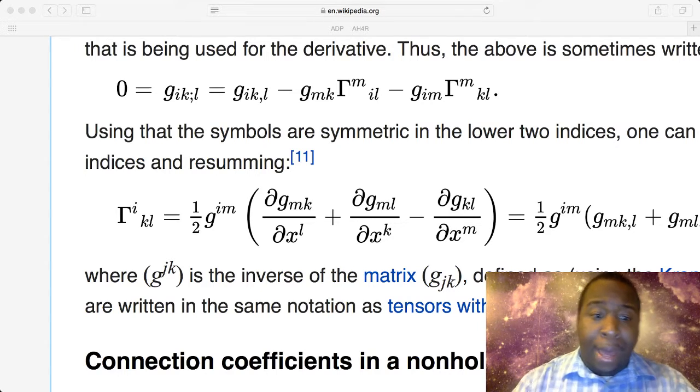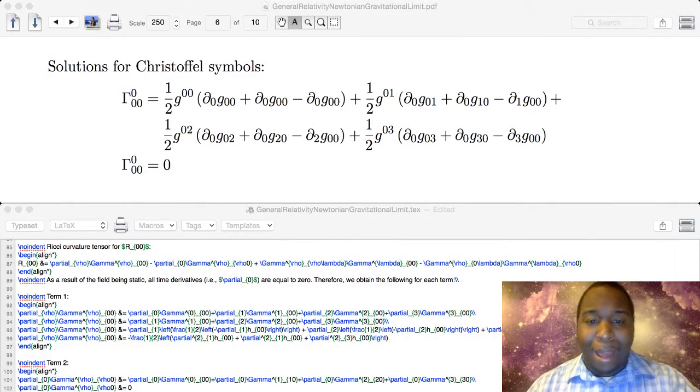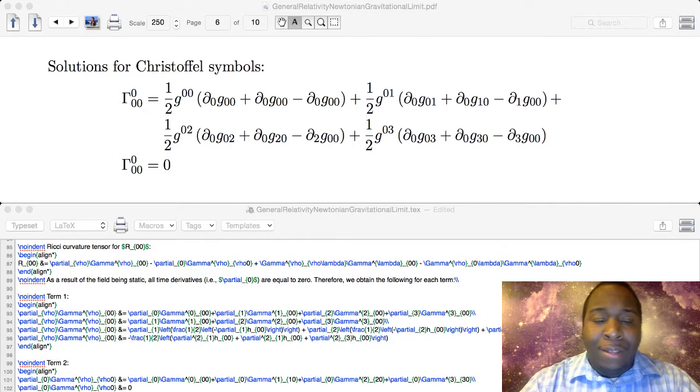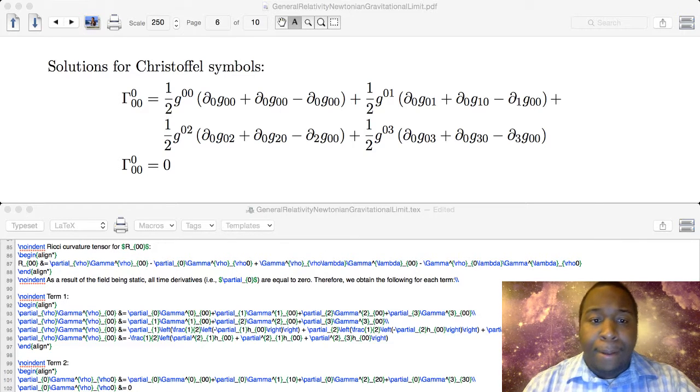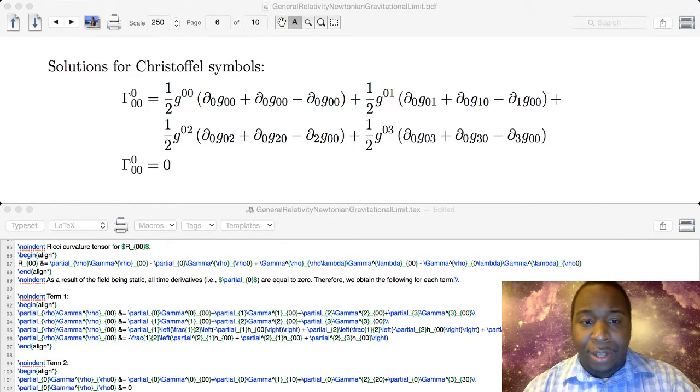So flip-flopping back and forth here, I'm going to go back, and essentially what we end up with are four terms, which are the terms we see here, where I've just inserted the values of m for those 4 different terms.